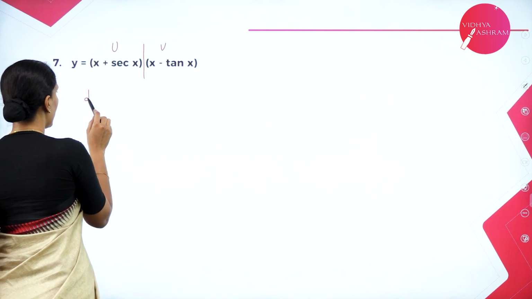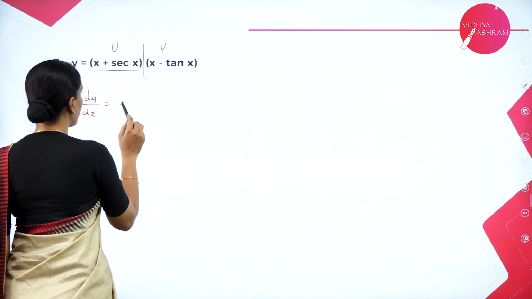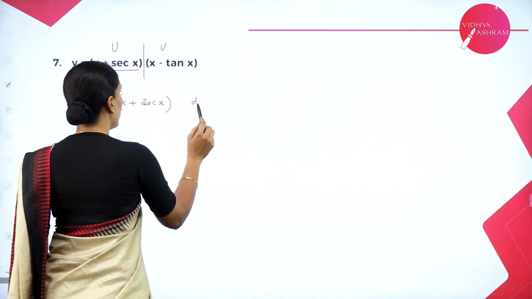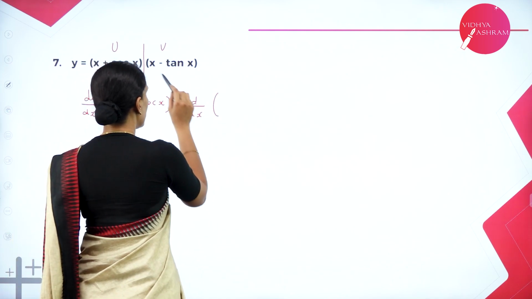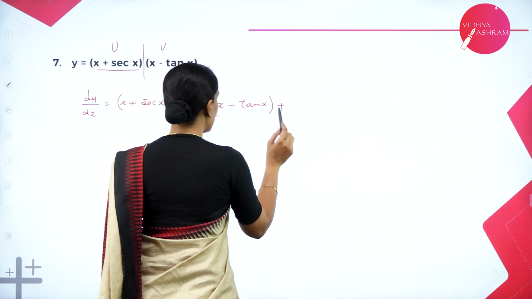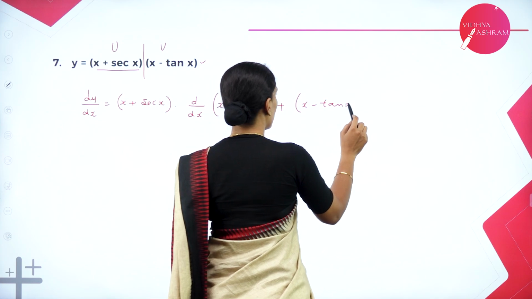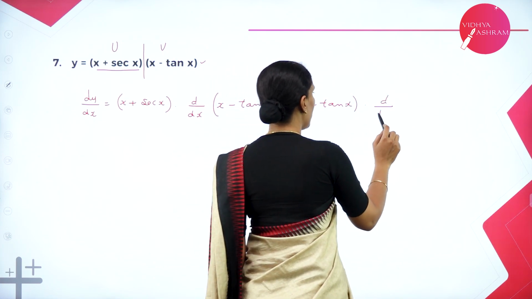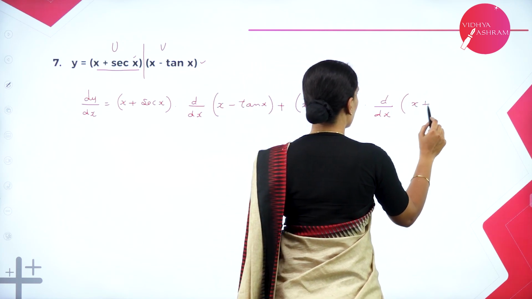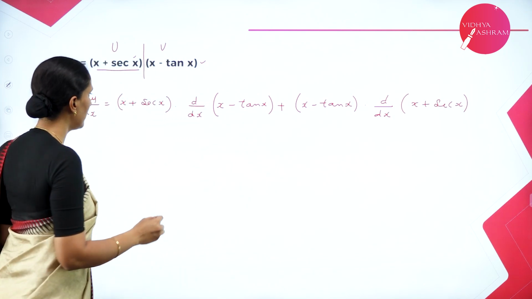So dy by dx is equal to first function into derivative of second function, plus second function into derivative of the first function x plus secant x. So now we have applied the rule, find the derivative.